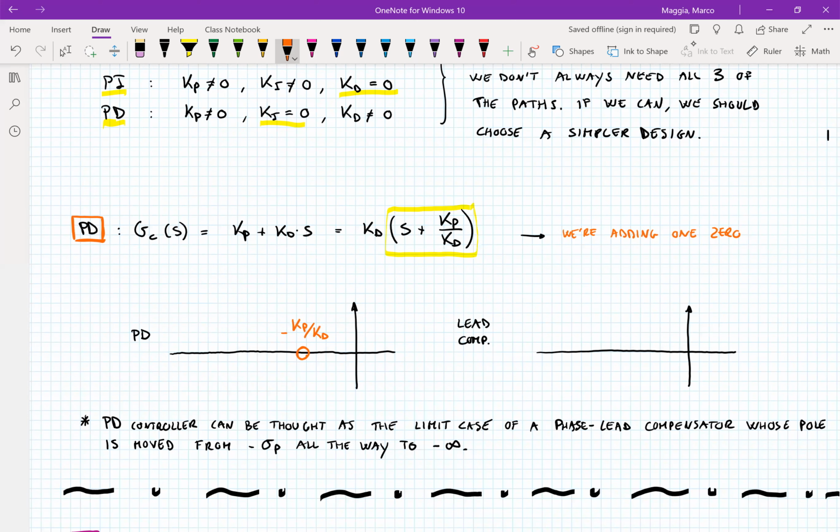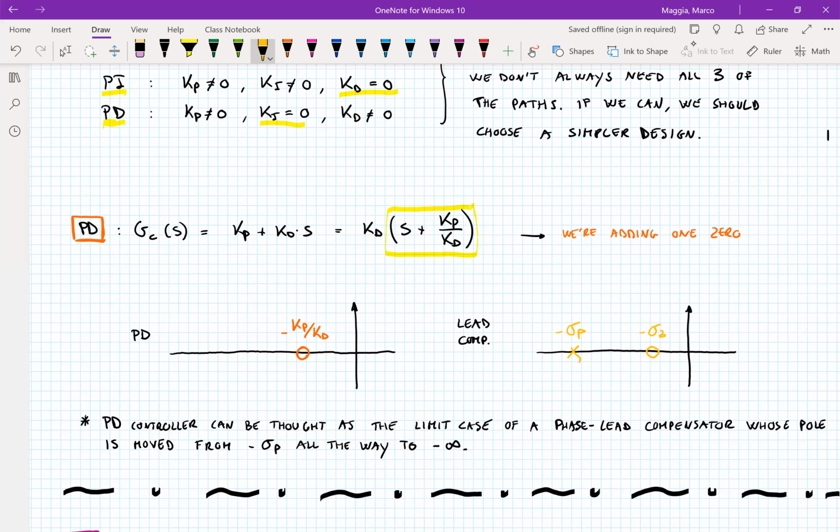Now, I want to draw the parallel between the PD controller and the lead compensator. If you recall, the lead compensator had one zero at minus sigma z, but we also had one real pole. So how can we compare the two?